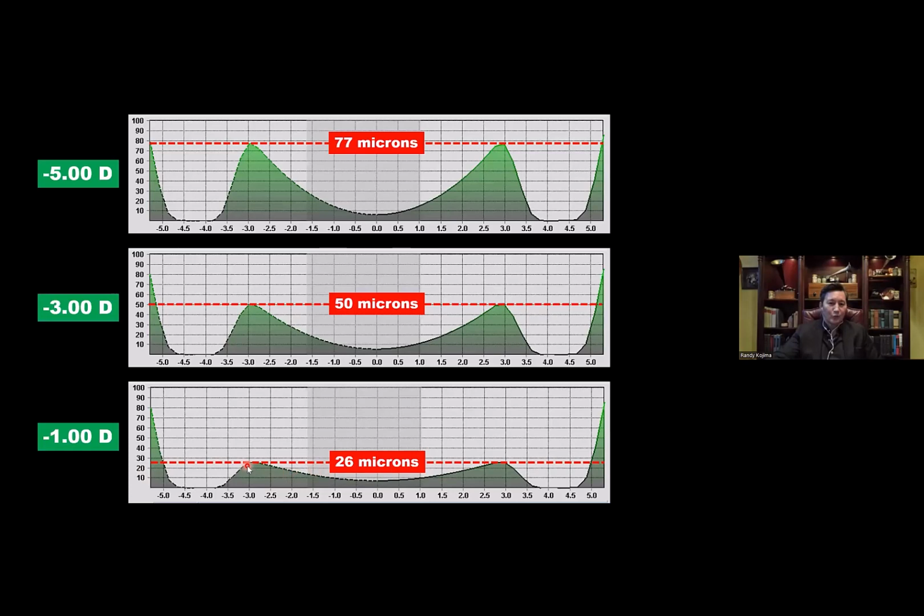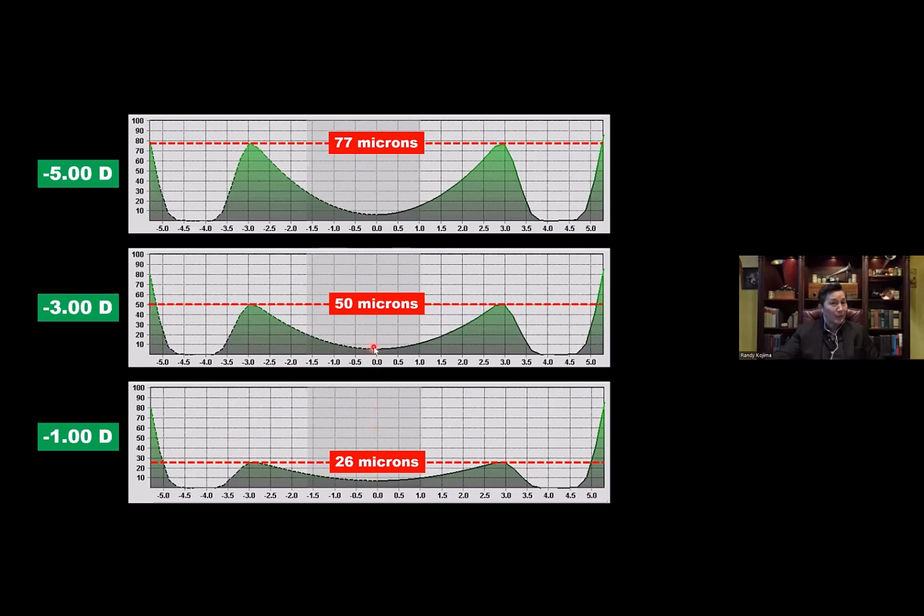You essentially get 26 microns of depth at the deepest point of the reservoir. Now, if you want to create more effect, if you want to create a 3 diopter effect, you get a flatter base curve to cornea relationship, you get a deeper reservoir, you get more hydraulic force, but you have the same apical clearance. You have about 7 microns in the center for both of these fits.